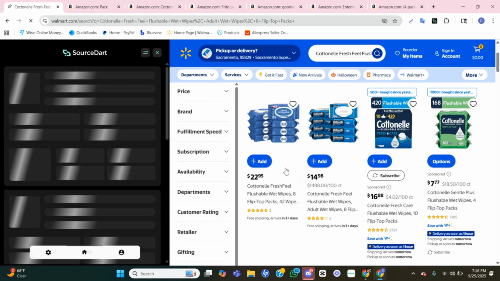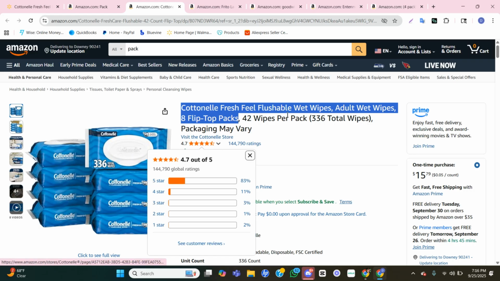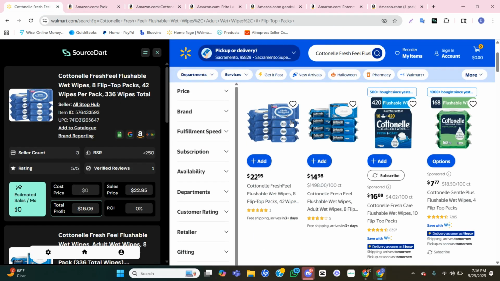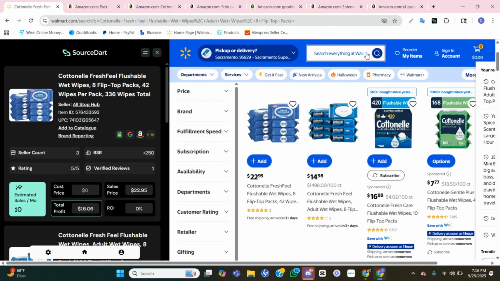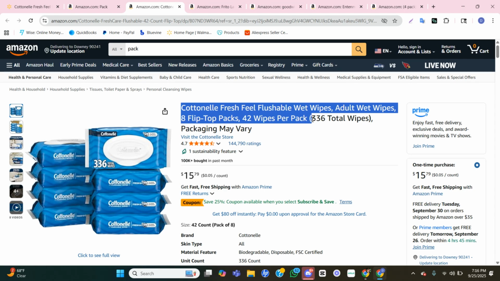Okay, this one. So they are selling this total wipes. Okay, so 42, let's just say this one, 42. So again, we will try to retail this, not the same bundle of like this.